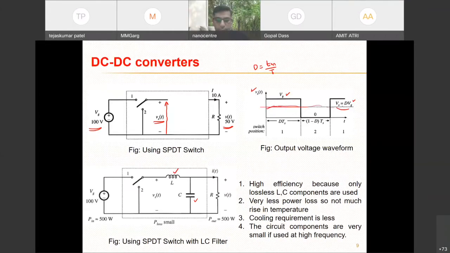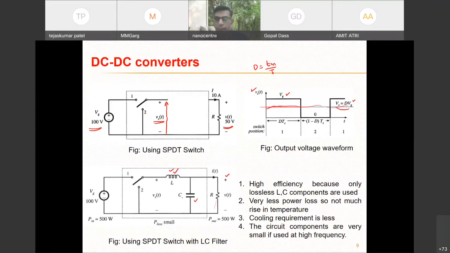To filter out these harmonics, an LC filter is introduced here. After introducing it, it is observed that the filter removes loads of harmonics, and only a few higher order harmonics remain.